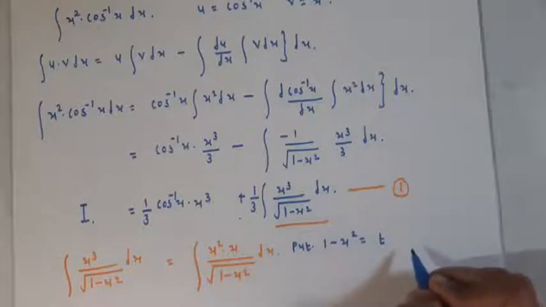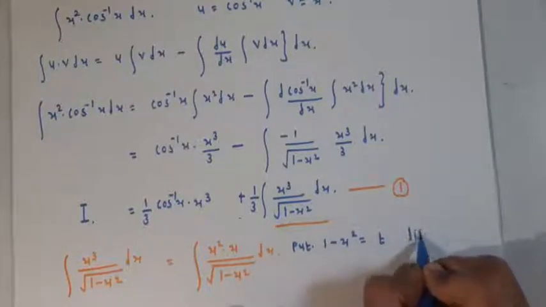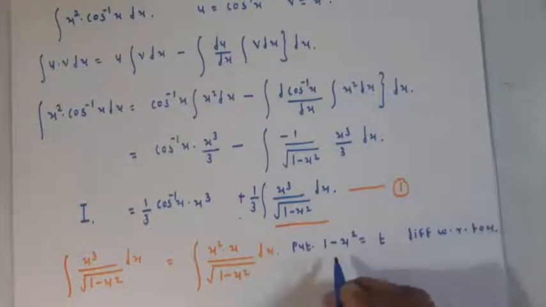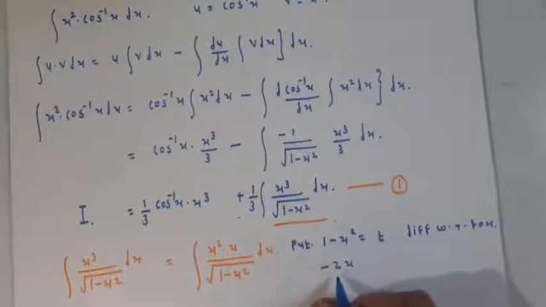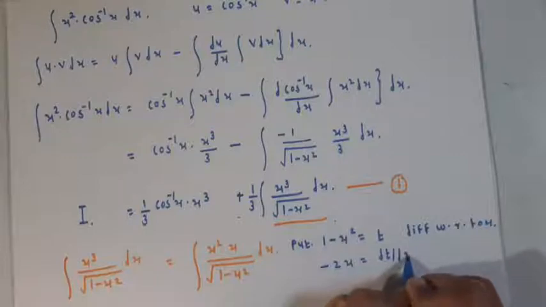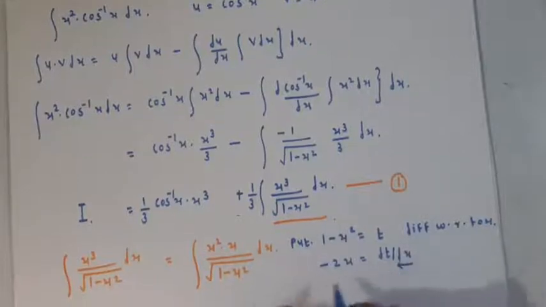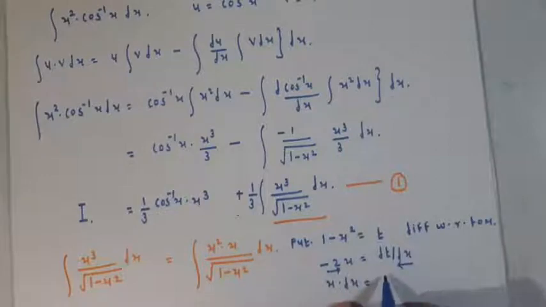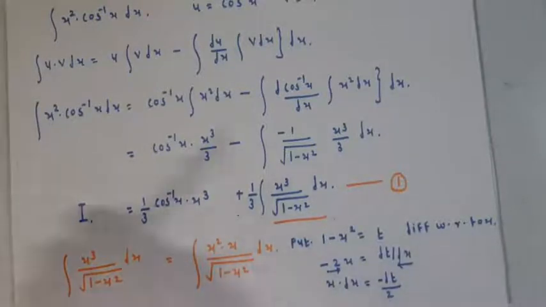Whatever is our substitution, we differentiate this with respect to x, and that's why it is minus 2x. Differentiation of minus x square is minus 2x, and dt with respect to x. Now shift this x to that side and we will get x into dx equal to, now also shift this minus 2 to that side, and that is dt by 2 with negative sign.